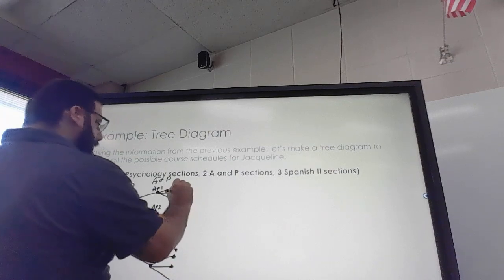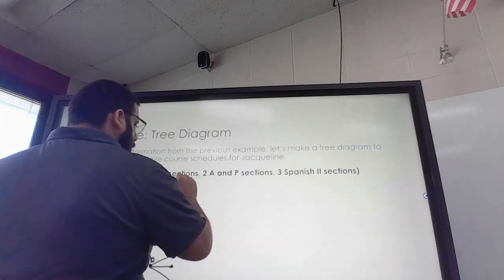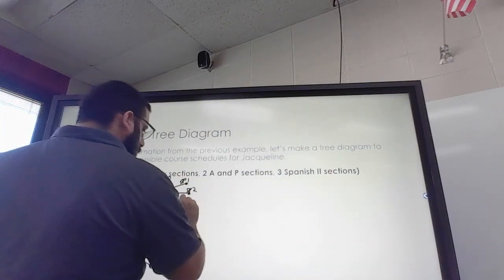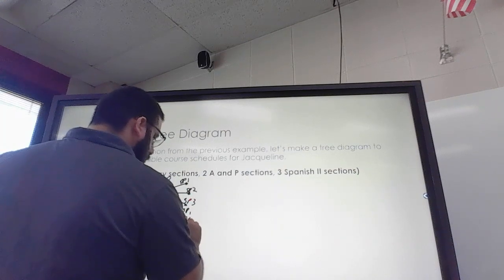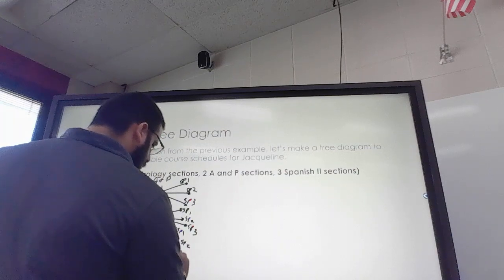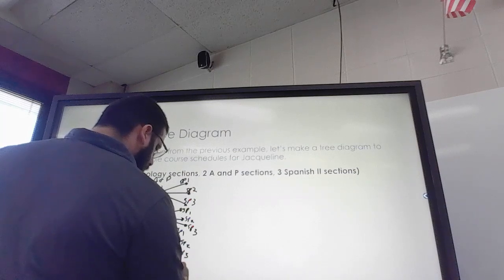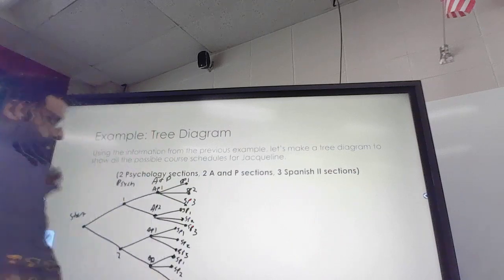And this is what your tree diagram should look like. SP1, SP2, SP3.